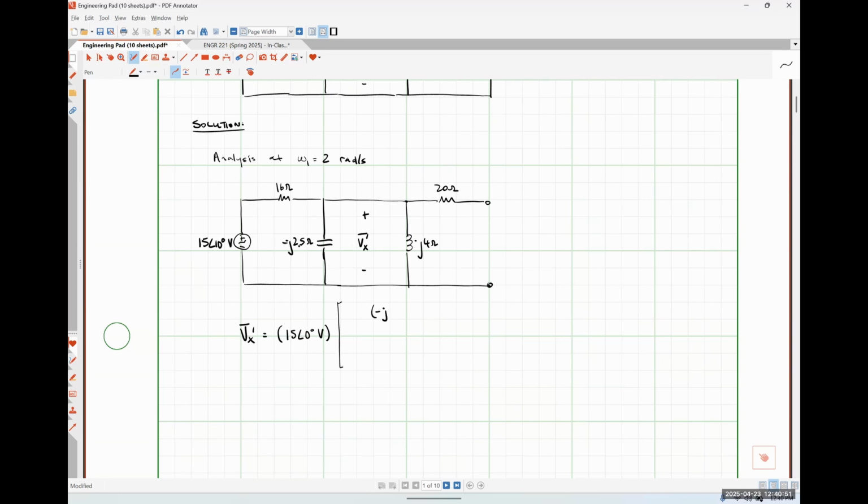So that's going to look like minus J2.5 ohms times J4 ohms divided by minus J2.5 ohms plus J4 ohms, all divided by 16 ohms plus what I have in my numerator, minus J2.5 times J4 over minus J2.5 plus J4. And I'll now throw this into my calculator real quick.